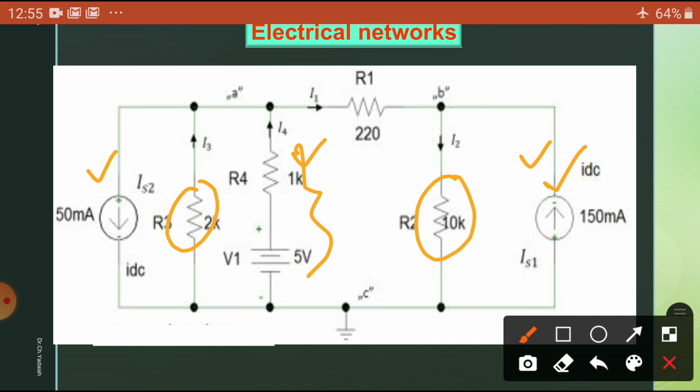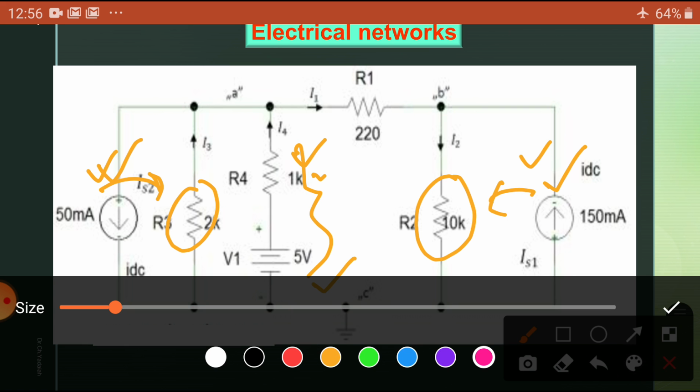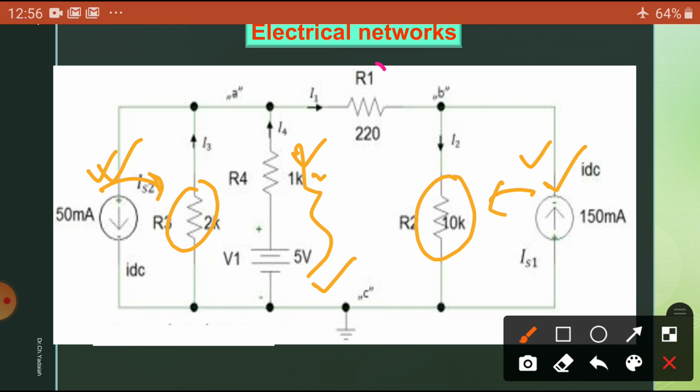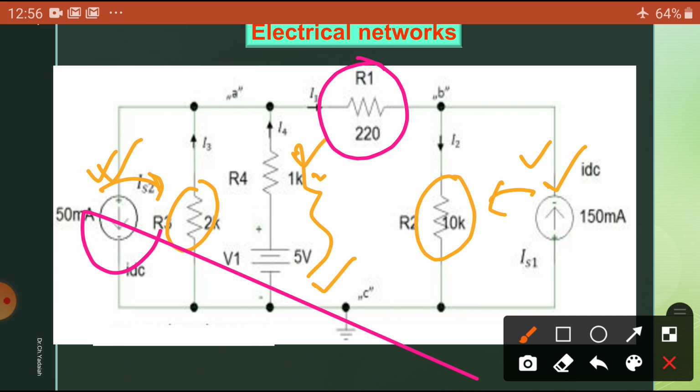The current sources are connected in parallel, just like ideal sources, and the voltage source is connected in series. Now three sources are connected in such a way that I want to know the current or the voltage drop in R1, with the effect of this, this, and this. I want to know the current flowing here.